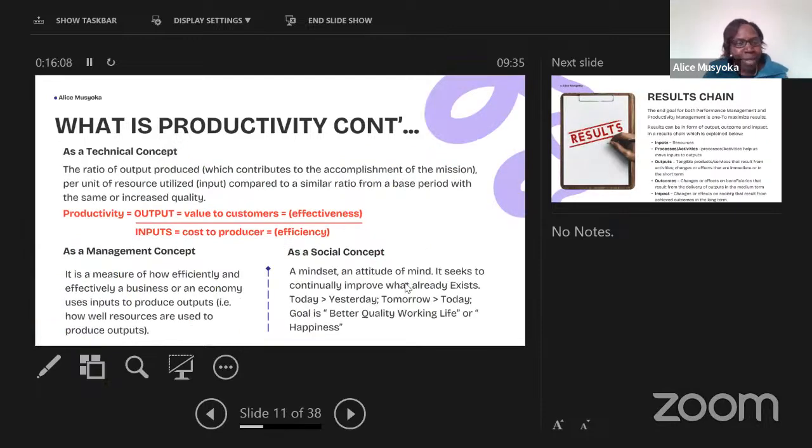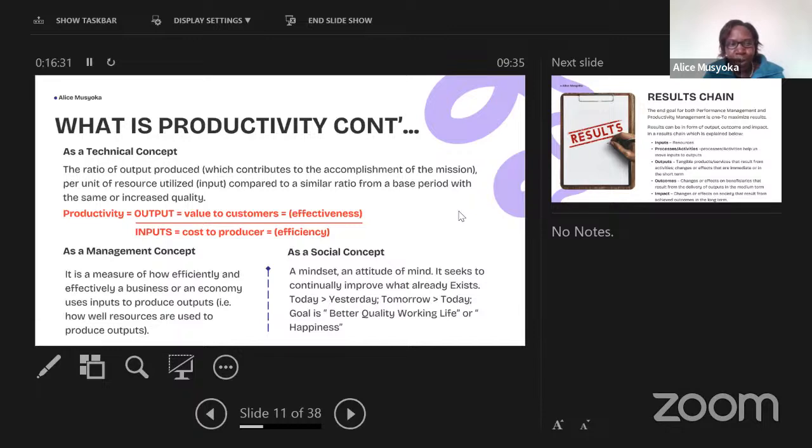So having heard all that, we ask now the big question, so what is productivity? As a technical concept, the ratio of output produced, which contributes to the accomplishment of the mission, per unit of resource utilized, that is the inputs.